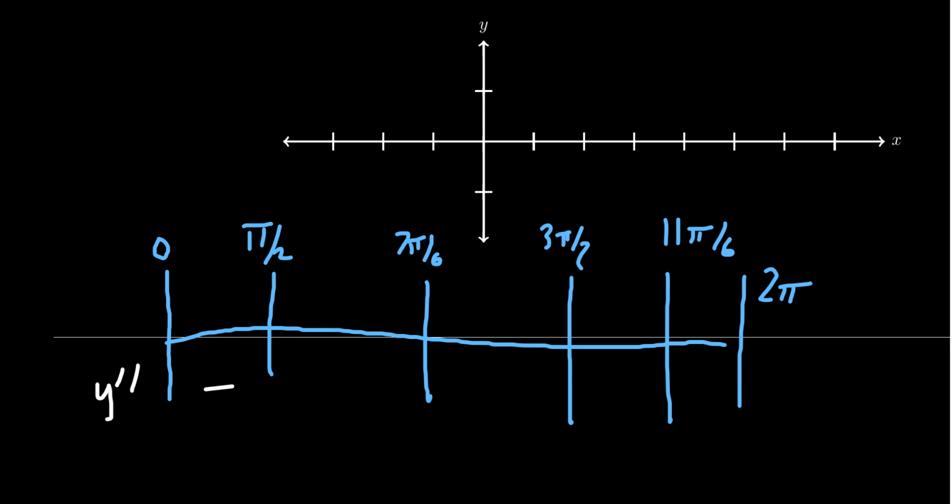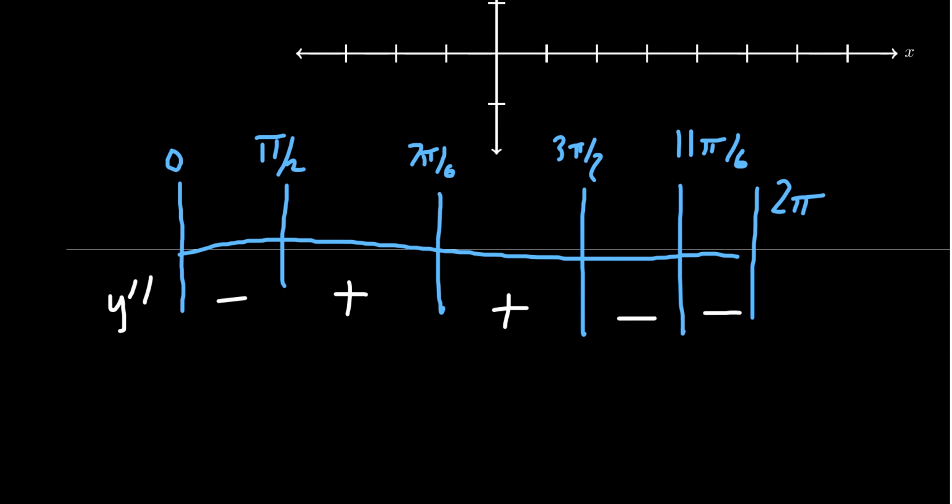You get a positive between pi halves and 7 pi sixth. You get a positive between 7 pi sixth and 3 pi halves. You get a negative between 3 pi halves and 11 pi sixth. And you get a negative again from 11 pi sixth to 2 pi.